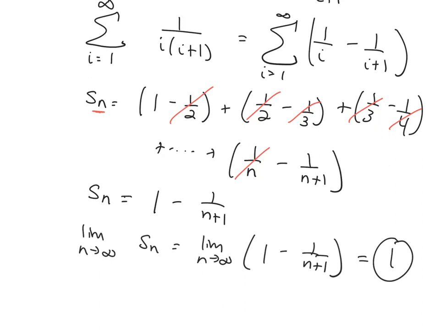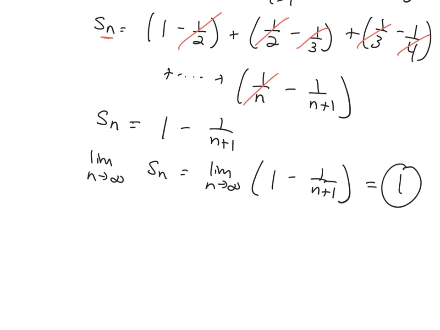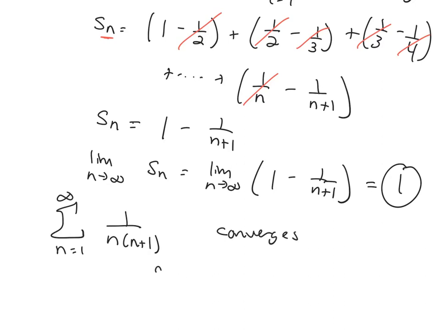So the original series converges, and we've already found its sum right here. It's 1. Okay, so let me sum up all that. The sum from n equals 1 to infinity, 1 over n times n plus 1 converges, and its sum is equal to 1. Okay.